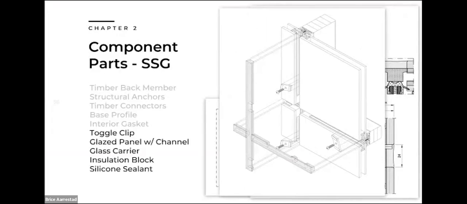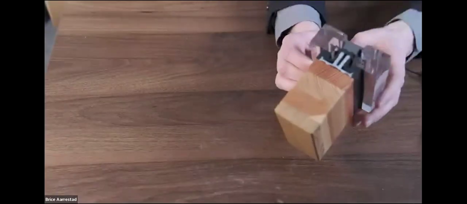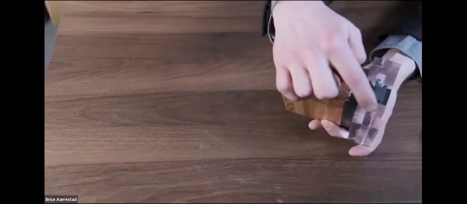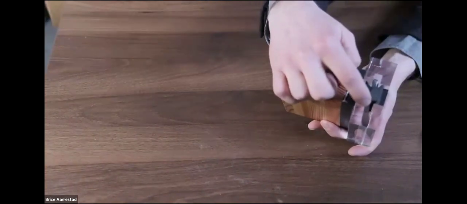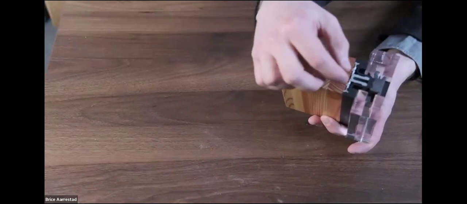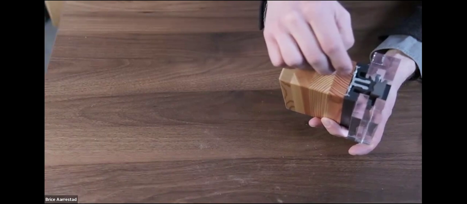The other option is to take a toggle channel and adhere it on the inside of an IGU. So you would take this component here in the spacer of the IGU and put it on the inside, and then toggle that into the base profile.